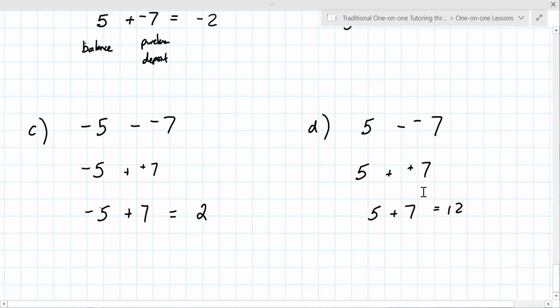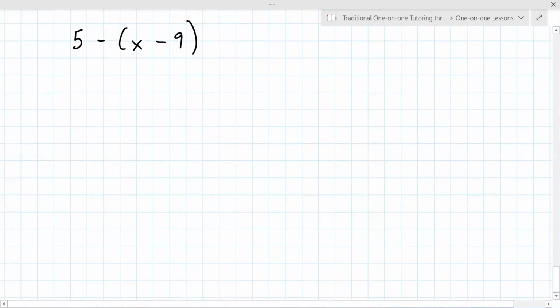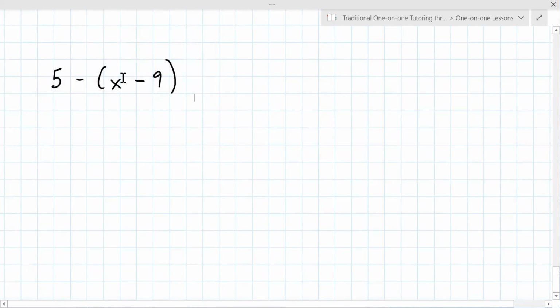So let me go back to this, and this is what I would like to close out with, and then I'll make some other comments. We were working on a problem like this, just part of it from earlier. I made some comments to you. I said, well, there's really a -1 here.